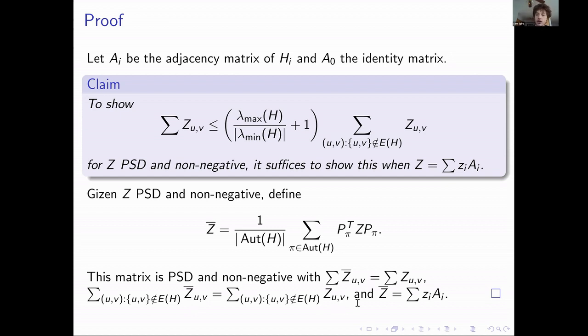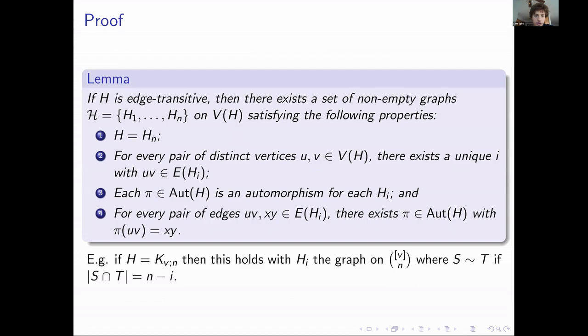And crucially, this new average matrix is in this span. So accepting these claims, once we know that this bound holds for Z bar, it also automatically holds for Z. I won't go through the details on how you verify all this, but I assure you it's not terribly difficult. And I forgot to briefly mention that proving this lemma here is also not too hard.